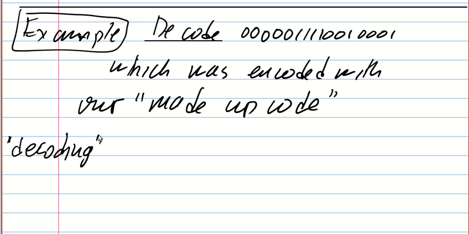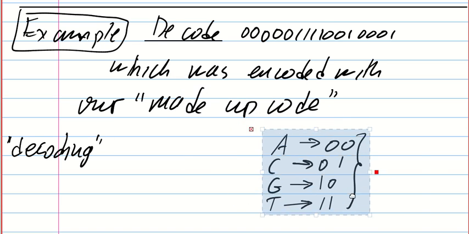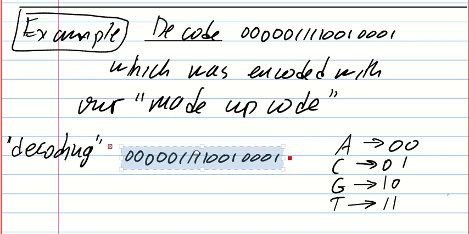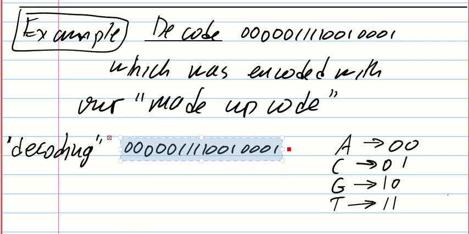And to do the decoding, we will use the code. We're going to take this sequence and try to decode it. Since our code is a fixed length code, it's really easy to decode.